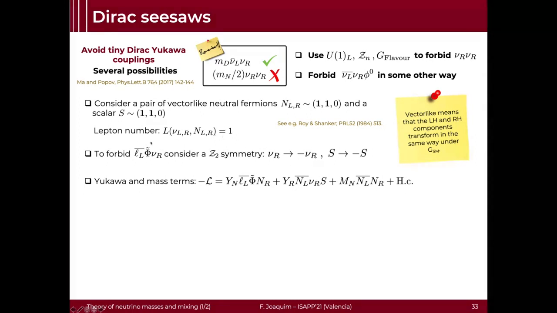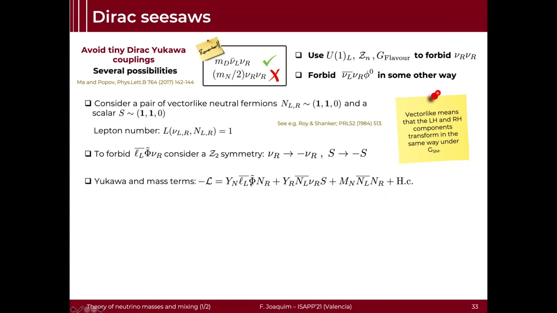To forbid this term, which is nothing but this term here, I consider a Z2 symmetry, under which ν_R and S are odd, and then I can write the Yukawa and mass terms in this way.